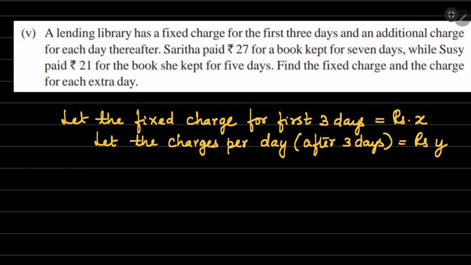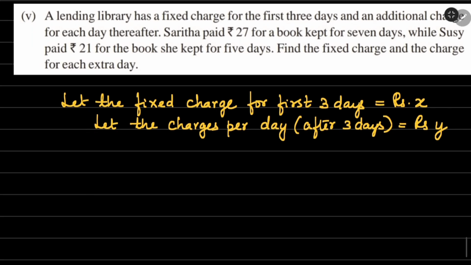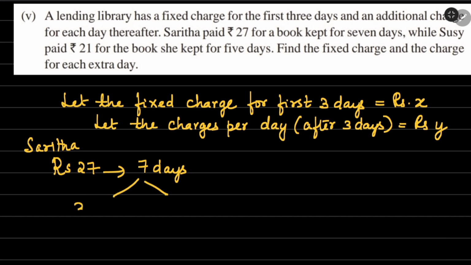Now, Sarita paid rupees 27 for a book that was kept for 7 days. So that 7 days included the first 3 days, with the fixed charge, plus the remaining 4 days wherein she had to pay an additional charge per day.